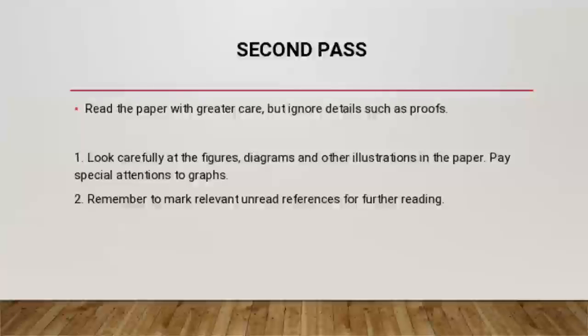Are there any new or unread references? Mark them down for future reference. You may want to read them. The second pass should take around 1 hour, and you should grasp the content of the paper and be able to summarize the main objective of the paper with supporting evidence to someone else.